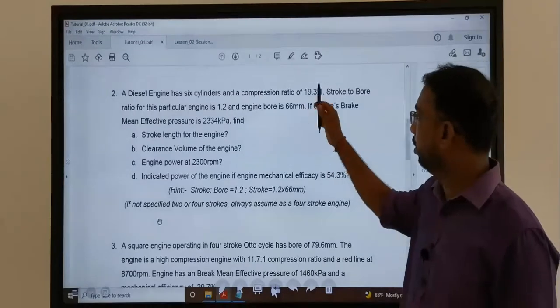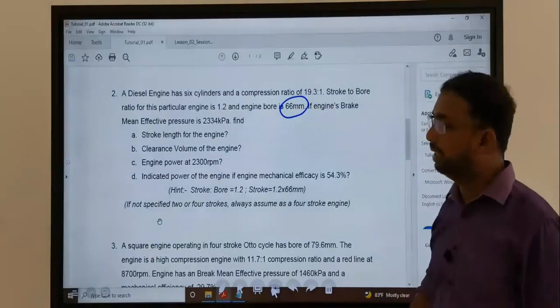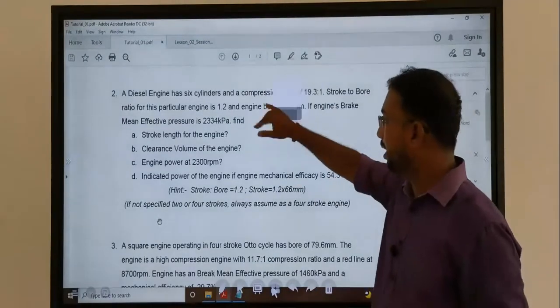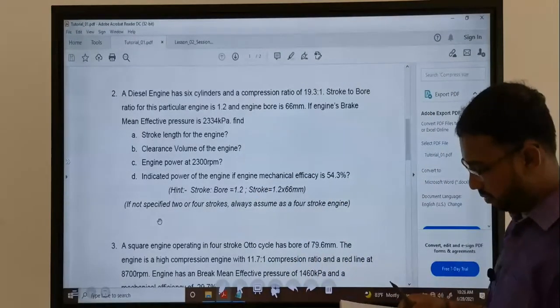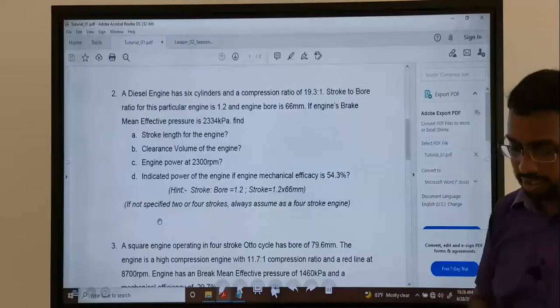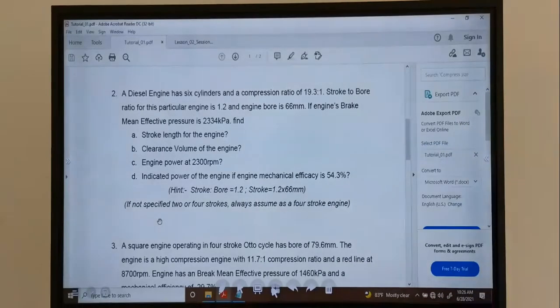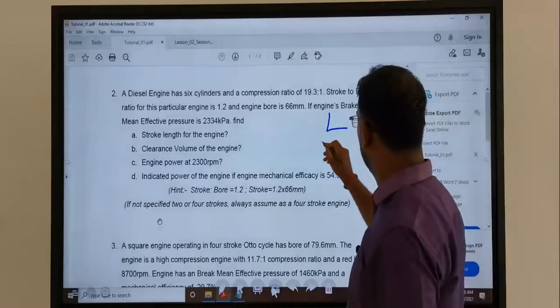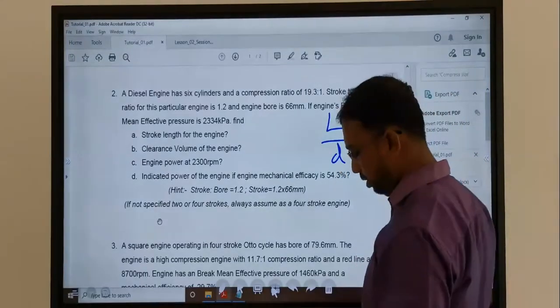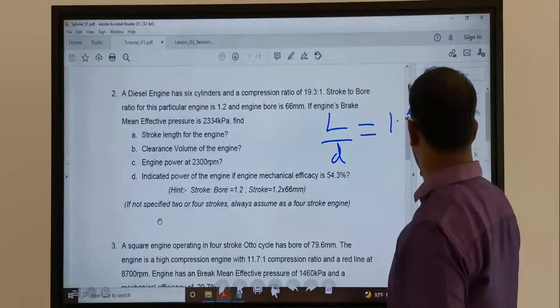So we know the bore, 66 millimeter, and the ratio of stroke to bore, that means stroke is L, bore is D. This ratio is clear.